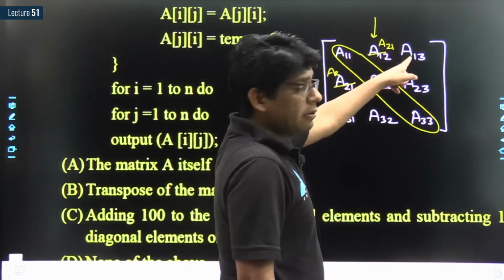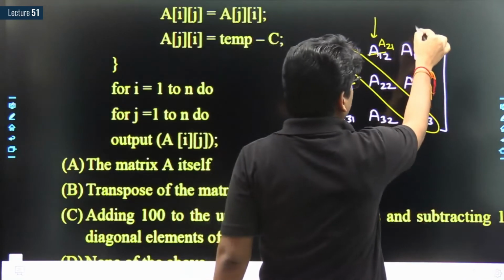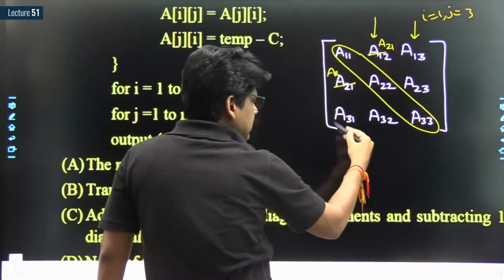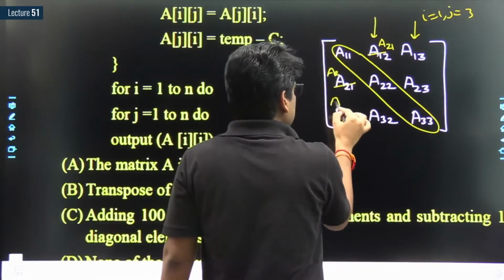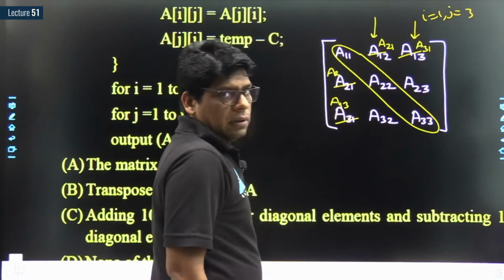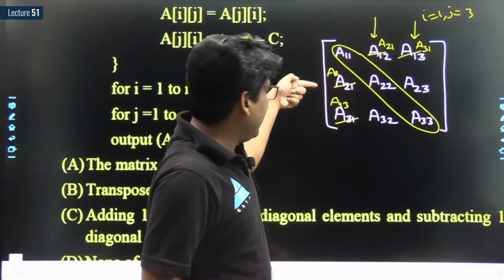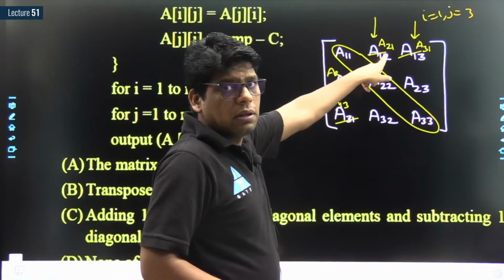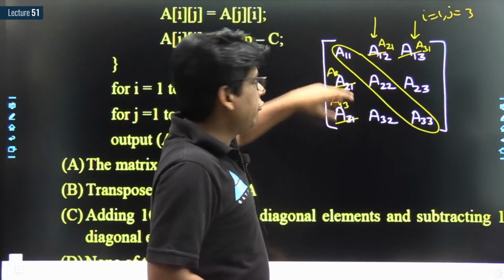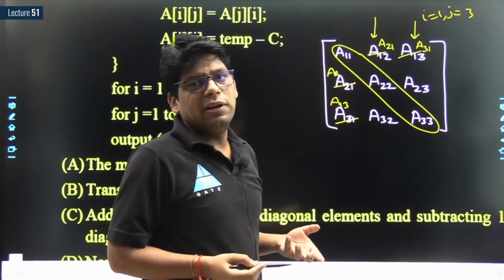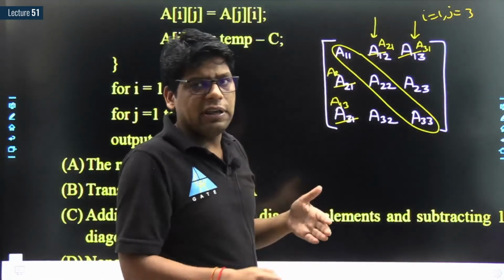When the code executes for I is equal to 1 and j is equal to 3, this is swapped with this element. That means this happens: A13, A31. But again, when the code executes for the other pair, this is swapped with this again. Because the code executes for both pairs of elements, after everything, what happened?